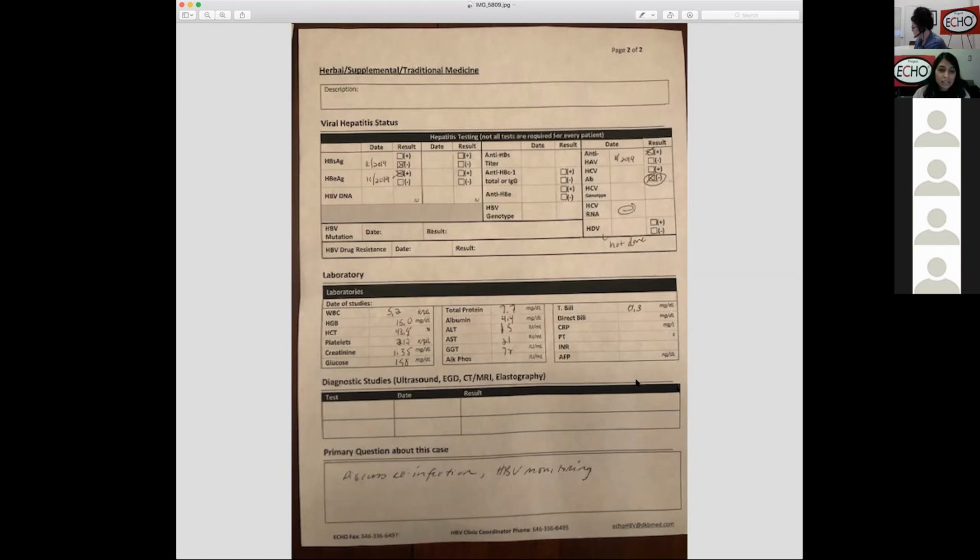It's something to keep in mind as you're caring for these patients. And if they develop another medical problem for which they might receive cytotoxic or immunosuppressive or immune modulatory therapy, they could be at risk for Hep B reactivation.